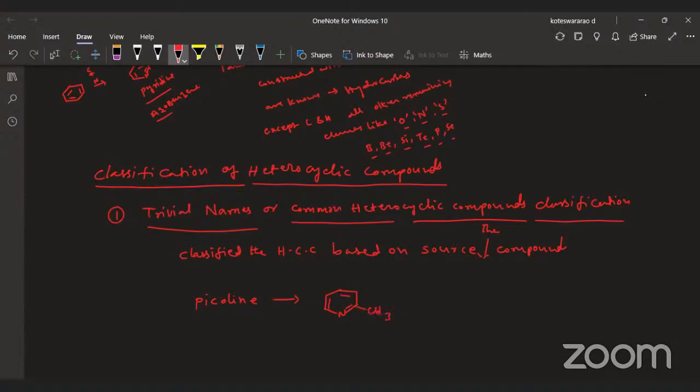This is picoline. Now this is isolated from coal tar. In the Latin word, it is called pix, P-I-X, picatus.